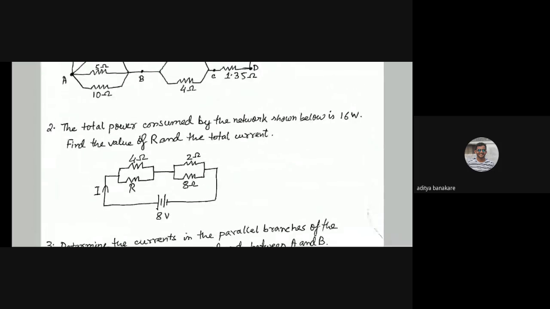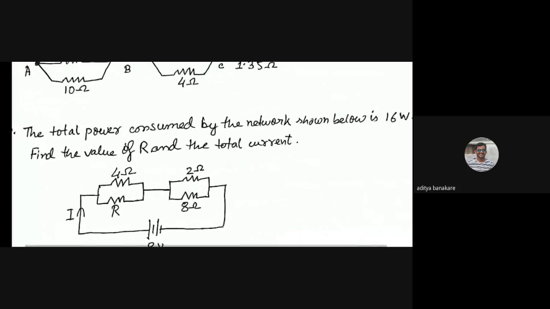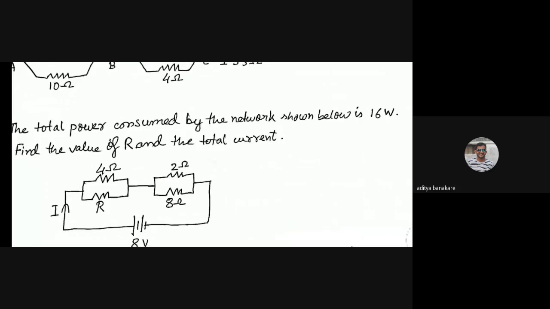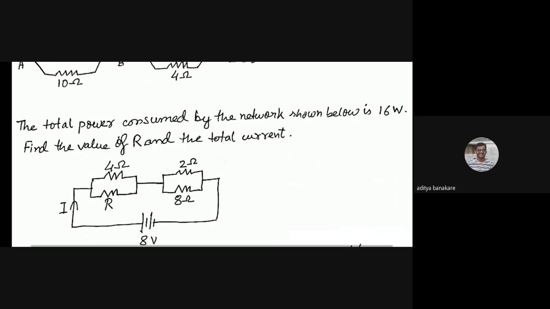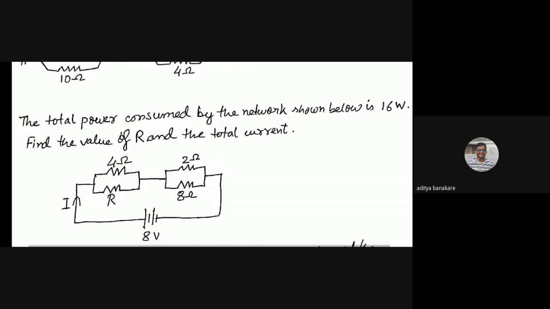The total power consumed by the network is given as 16 watt. Now power is what? Power is I square R, or you can also write V into I as power. So these are the different formulas of power that we can use in finding the unknown R.